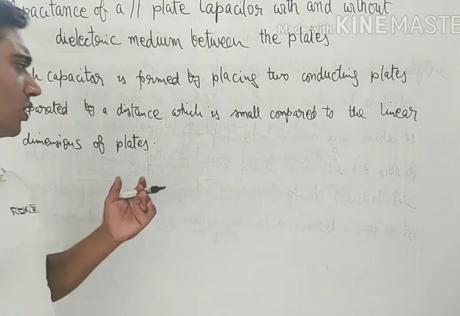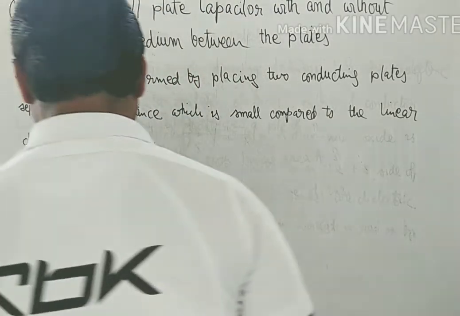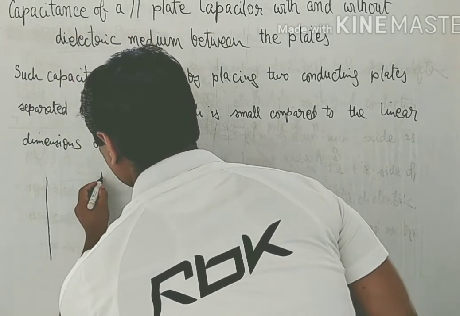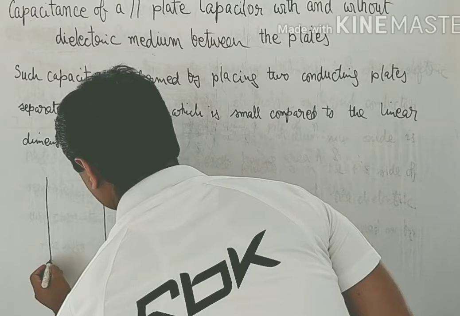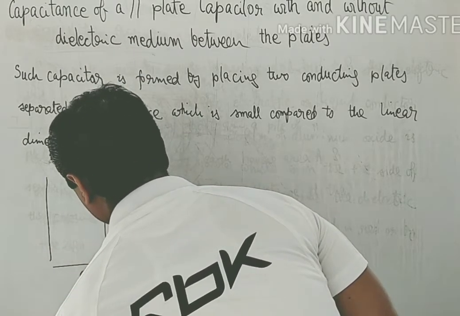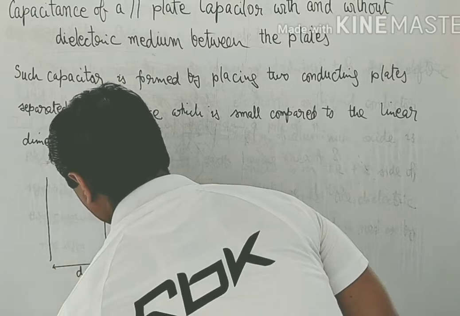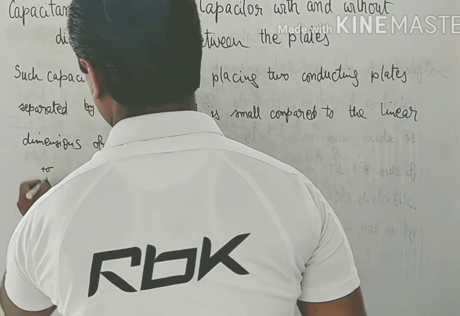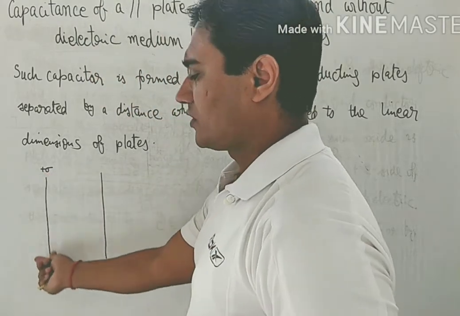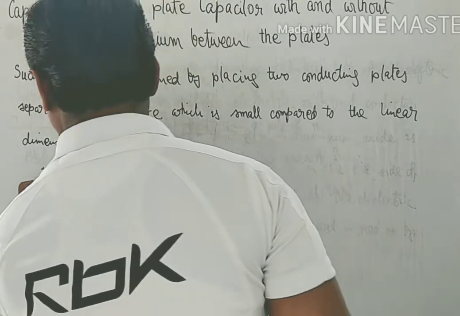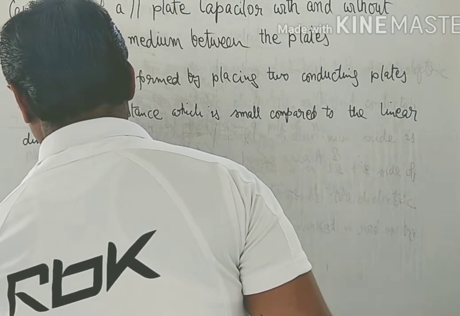Okay, so how does it appear? Say these are two conducting plates taken parallel to each other and kept at a very small distance, small d. So this is plus sigma, the positive surface charge density of this left plate on which positive charges are given.